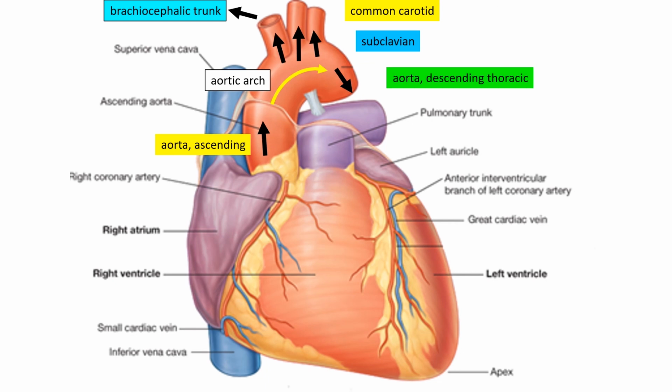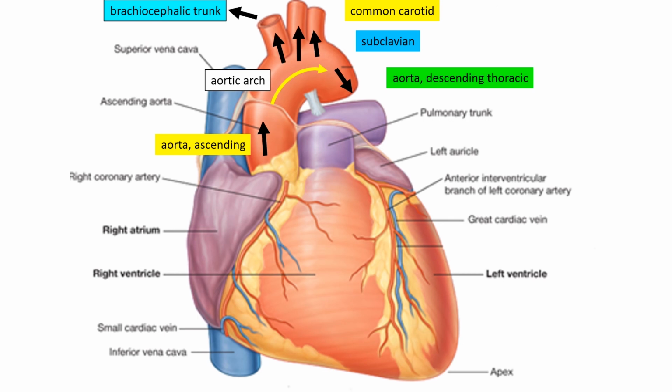Why brachiocephalic trunk? Why trunk? Because it is a large artery, and brachio means the humerus, the part of the upper limb, and cephalic means the head. So this is a large artery going to supply the upper limb as well as the right side of the head and neck.